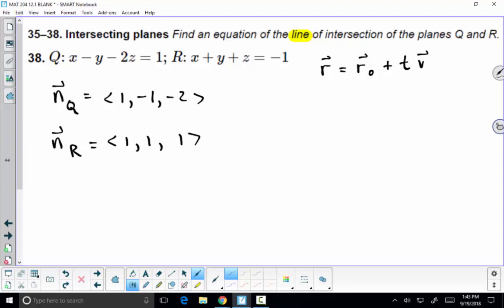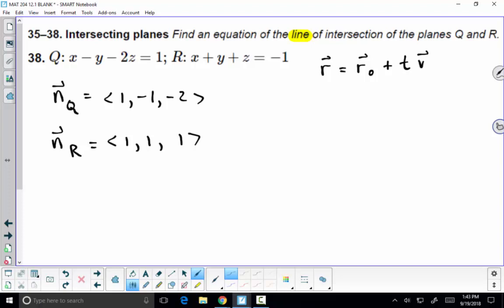Is anyone clear on how you're going to find your v? Is anyone not sure how to find v? What operation are you using to find v?